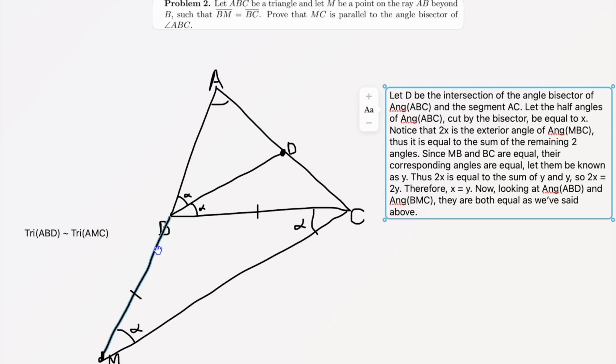And then, how should we say this? I guess, notice that they lie on BD and MC respectively, and they are both cut by AM.